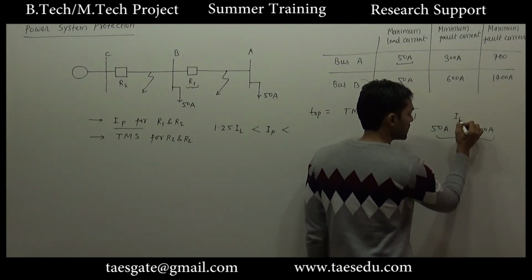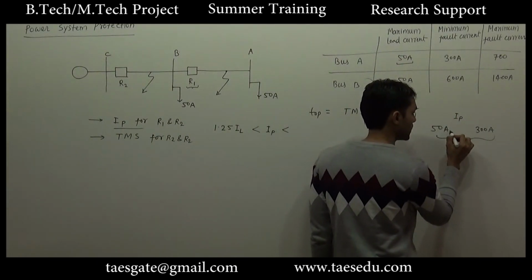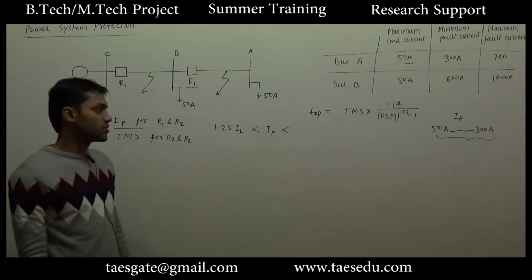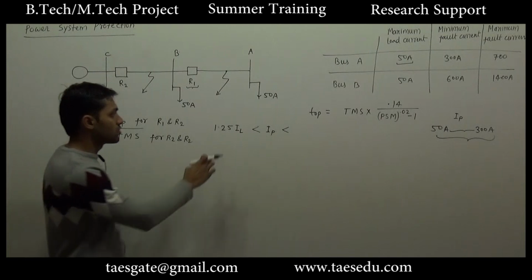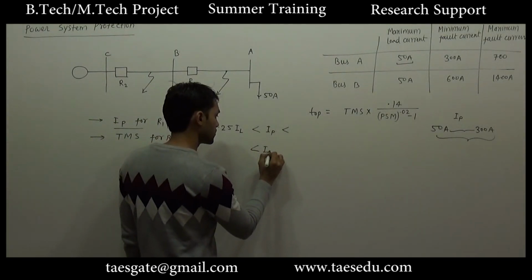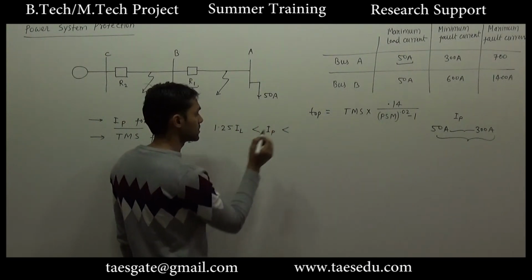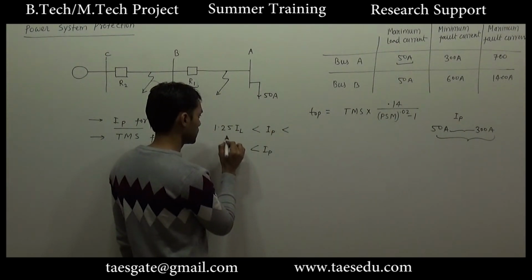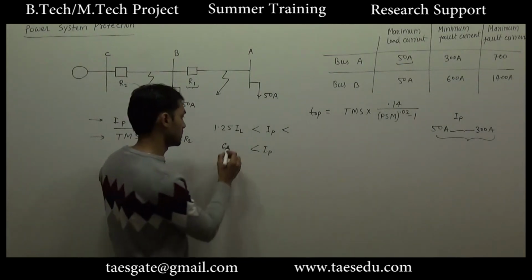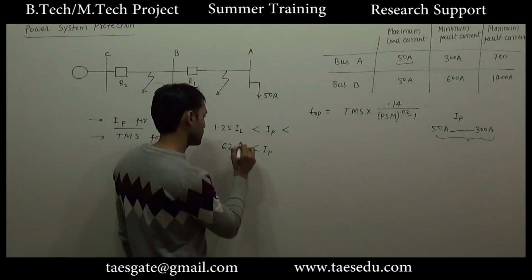You can choose any value of pickup current between 50 ampere to 300 ampere. But normally pickup current should be greater than 1.25 times IL, that is 1.25 times 50, that is 62.5 ampere.